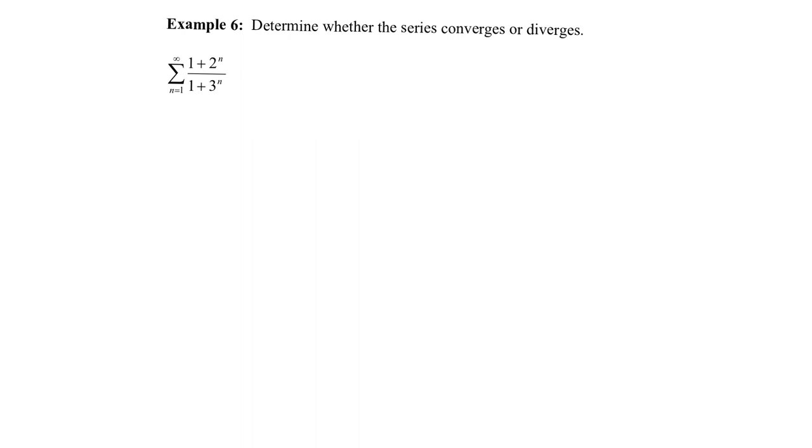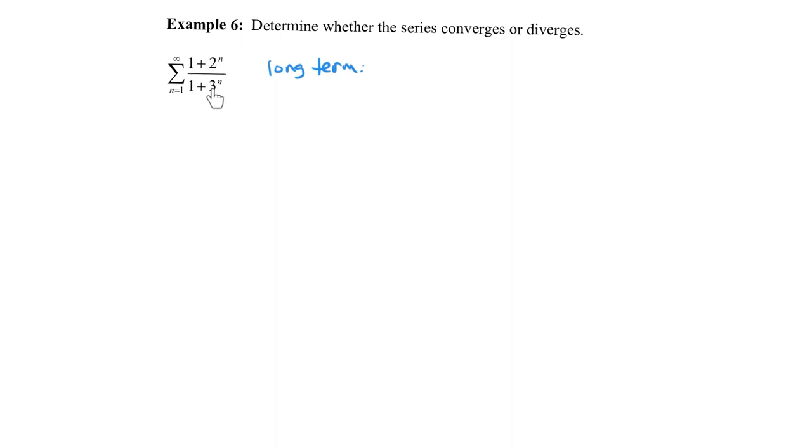So example 6 looks a little bit different. We've got 1 plus 2 to the n over 1 plus 3 to the n. So again, I'm going to think long term. Let's try to get a feel for what it looks like long term. So long term, as n gets really huge, probably the 1 isn't really going to matter, right? Long term, this numerator is going to look like 2 to the n.